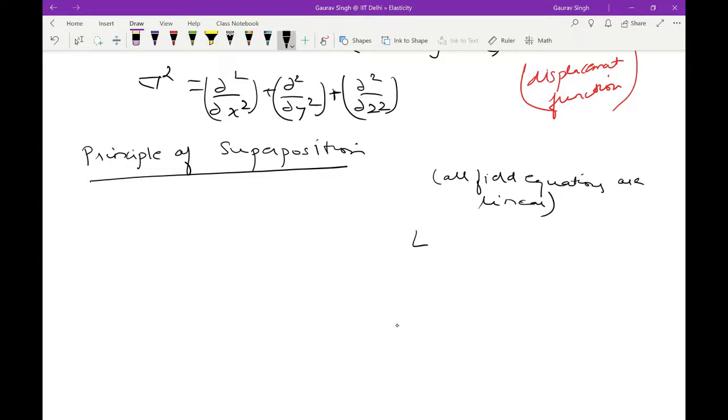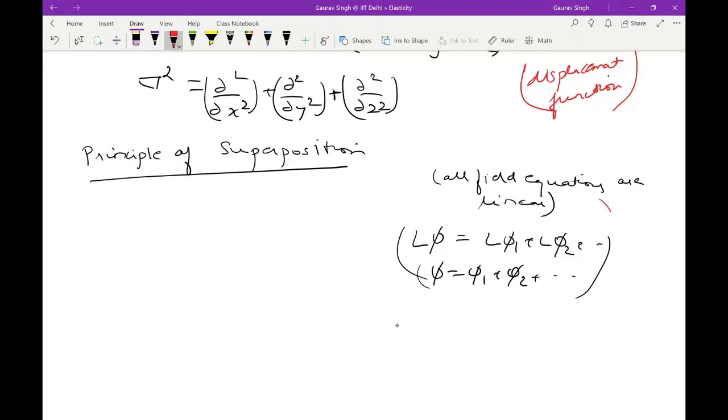So you can write, say, L(phi) is equal to L(phi1) plus L(phi2) and so on, if phi is equal to phi1 plus phi2 plus so on. So this is what linearity means. Please verify this. Do not proceed ahead without verifying that all the field equations are linear. What are the field equations? Strain-displacement, Hooke's law, and the equilibrium equations. They are all linear equations. So please verify this moving ahead.